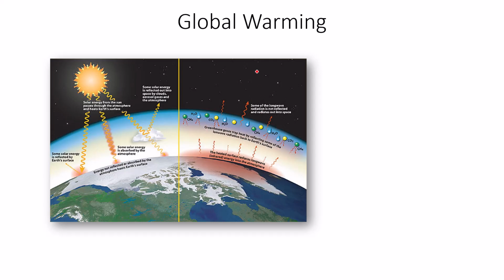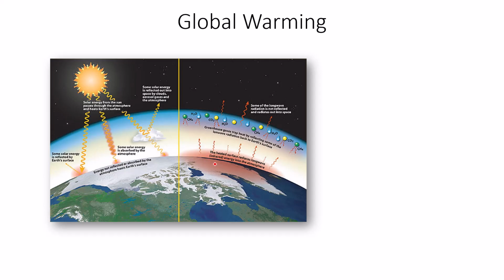And the way global warming happens, or the contributing factor to global warming, or the retention of heat, is that as these greenhouse gases increase in concentration, meaning we're emitting more CO2 through combustion, we're emitting more CH4 or methane through livestock production, a lot of these gases are going to be increasing in concentration in the atmosphere, and if they increase in concentration, it's going to trap more heat because less heat is able to escape.